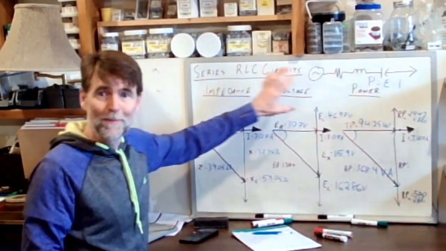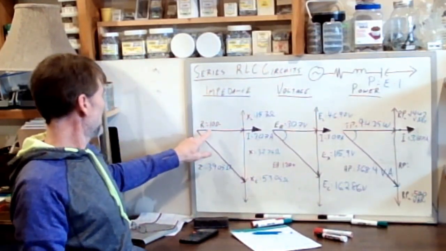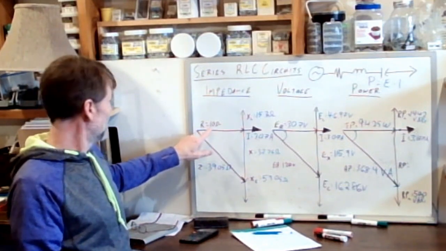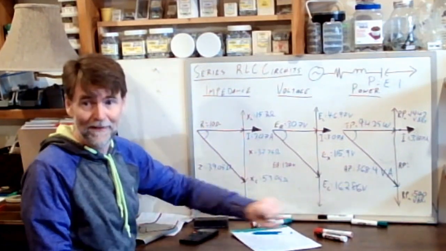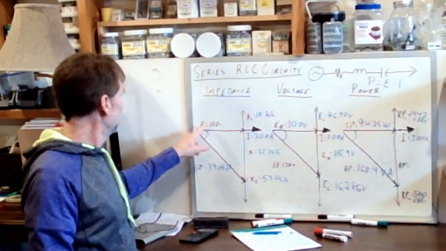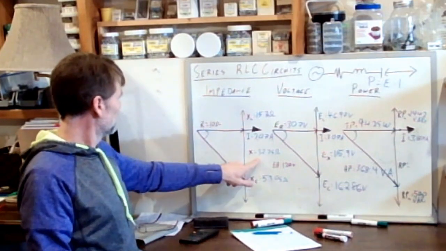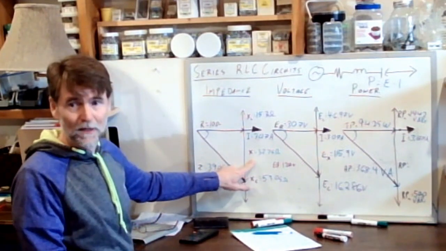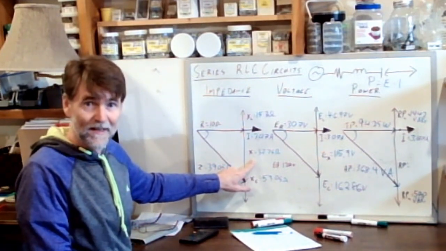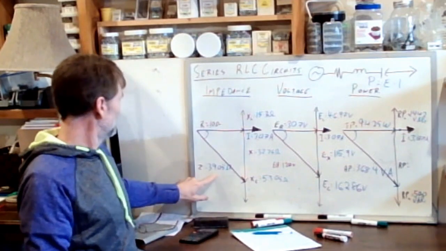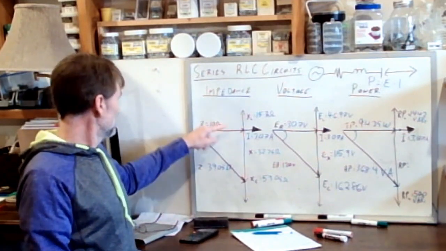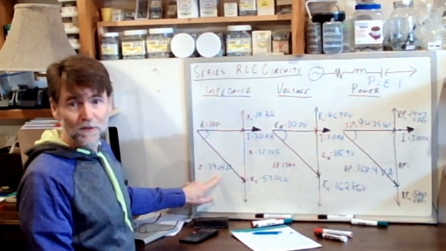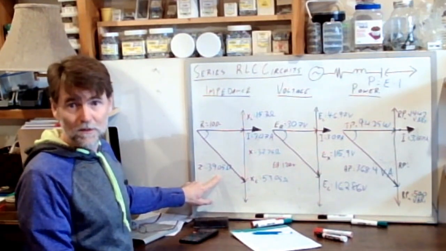So I'm going to go all the way back to the beginning, and I'm definitely going to use R because that was a number that was given. That wasn't calculated at all. And then I could use X, and that would be my adjacent and my opposite, which means the function I would be using is tan. Or I could use Z, and now I'm using the adjacent and the hypotenuse, which means I'm using cos.